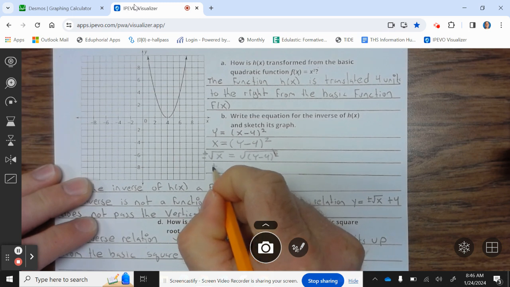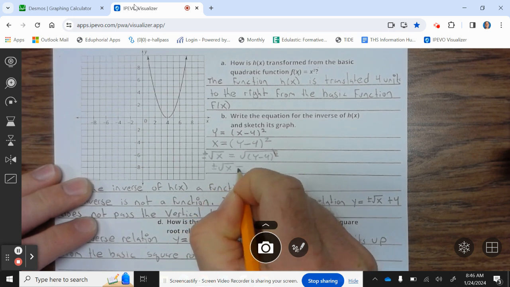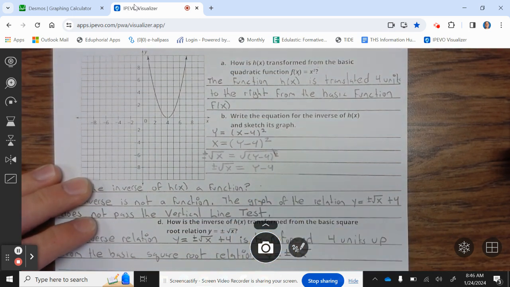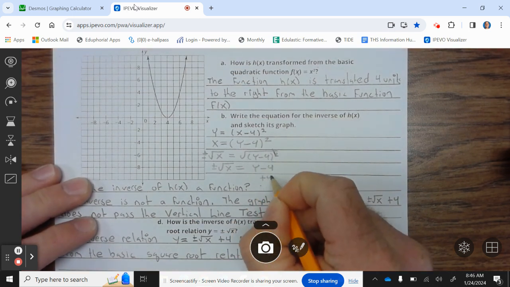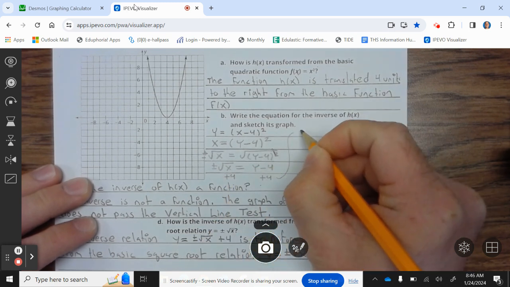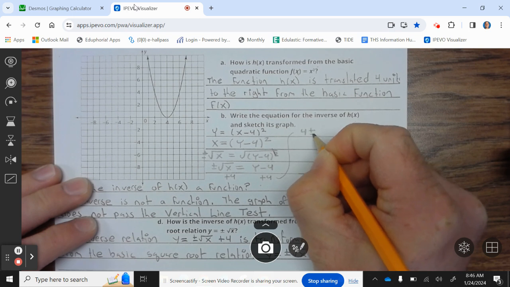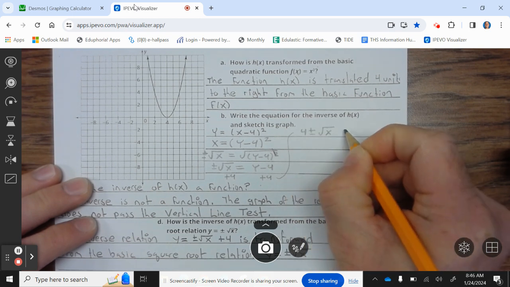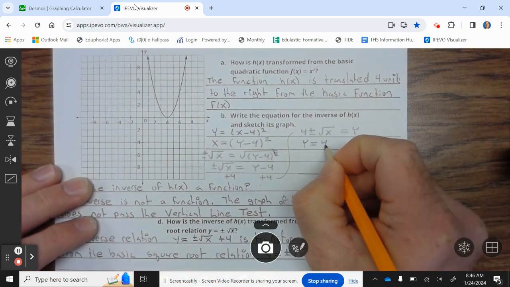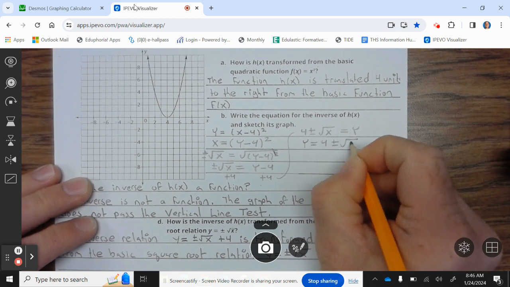Left with plus or minus the square root of x equals y minus 4. We're going to add 4 to both sides. So we have 4 plus or minus the square root of x equals y, which we can rewrite as y equals 4 plus or minus the square root of x.